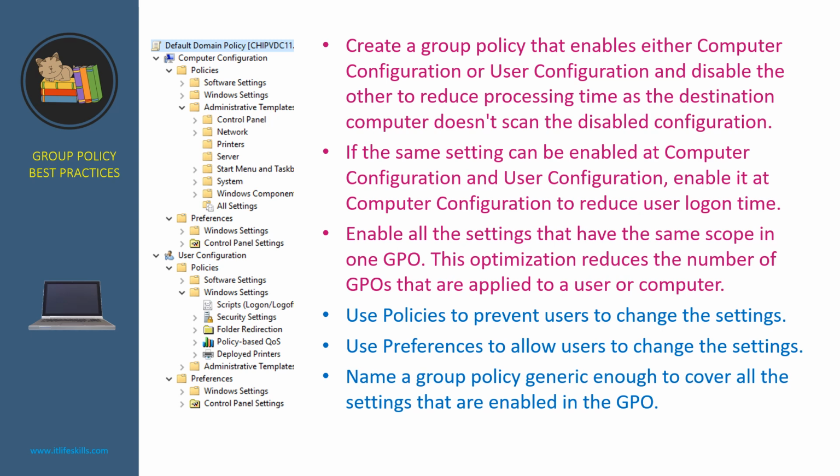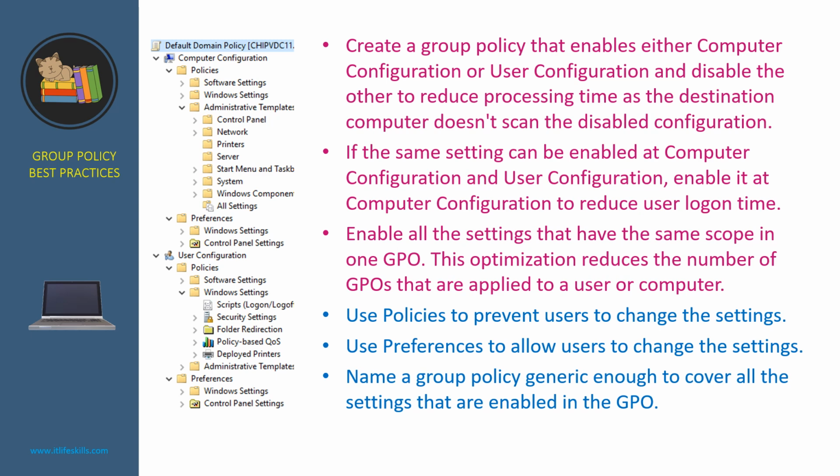If we create a group policy for each setting, we will have hundreds or even thousands of group policies. And when these group policies are applied to the same sets of computers, these computers have to process each group policy and pick up the settings that are applied to them.